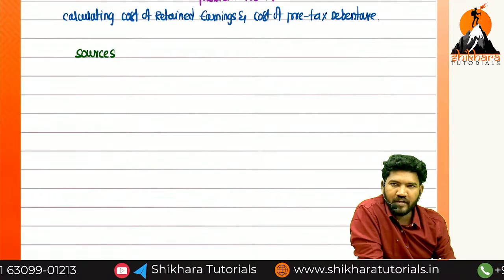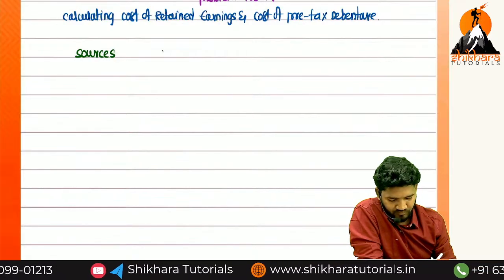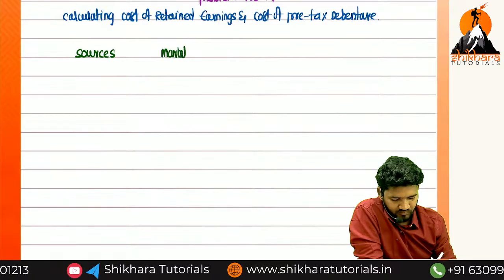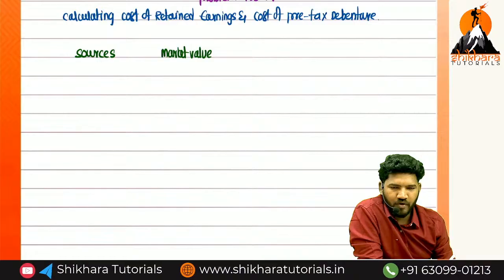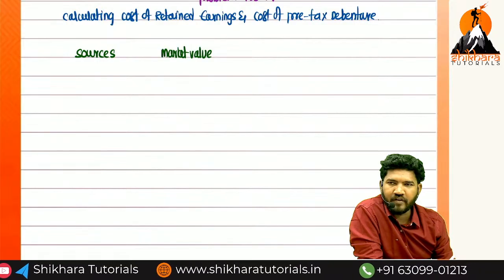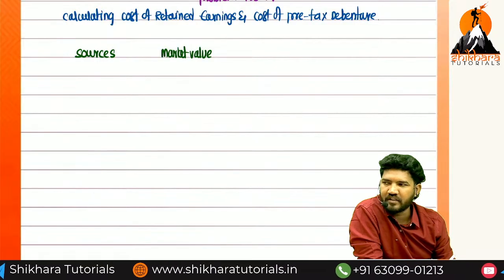As per book value or as per market value? Market value means one point you have to keep in mind: if it is equity, you have to split into equity share capital and retained earnings.